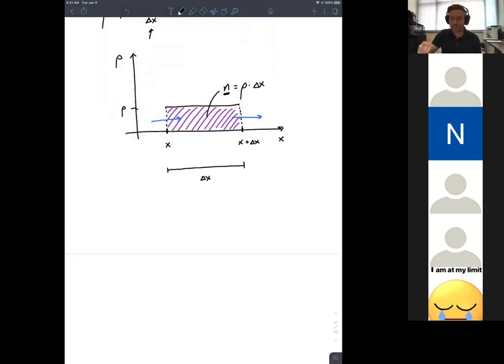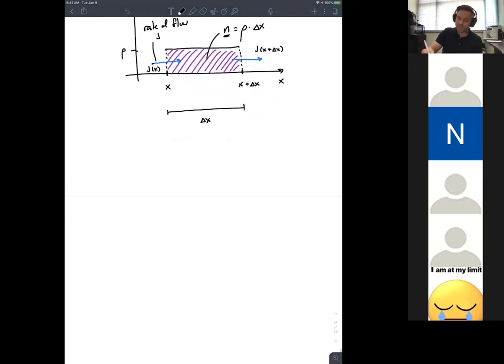So I want to look at the rate of flow, or in other words, the flux of particles into that volume, and I'm going to call that flux J. So this blue line here is the flux into that volume, and this blue line over here is the flux out of that volume.